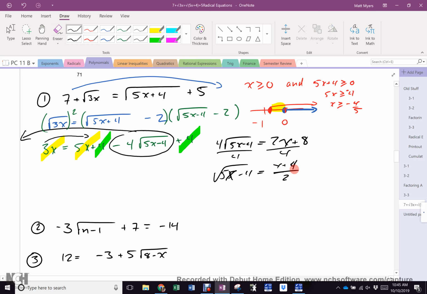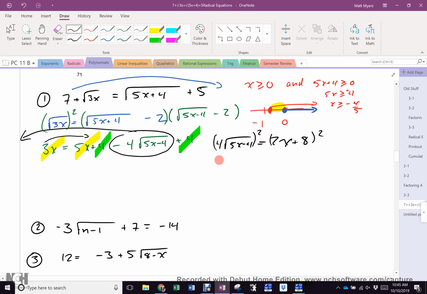You could do that and then square. Or you could keep that 4 there and square the whole side. Did anybody divide by 4 or did everybody square now? You divided by 4? Okay. Did everybody else just square now?